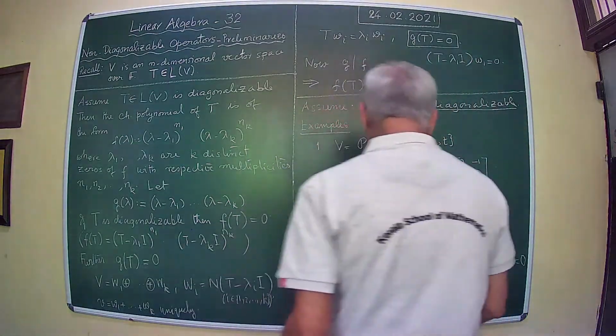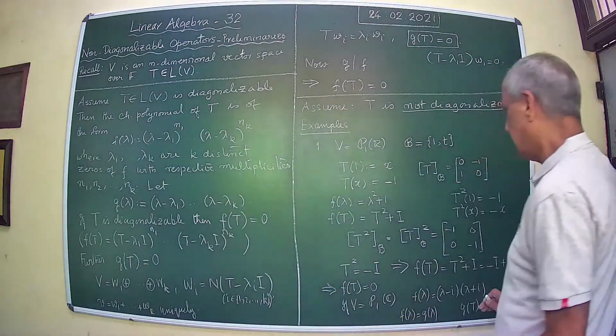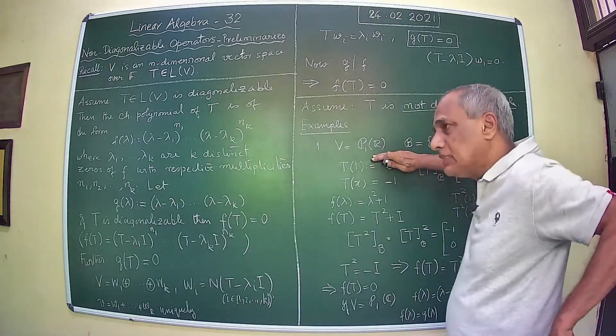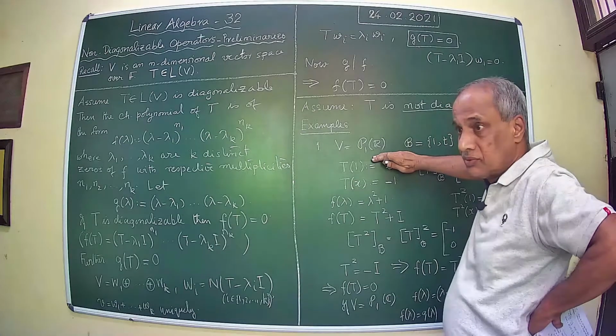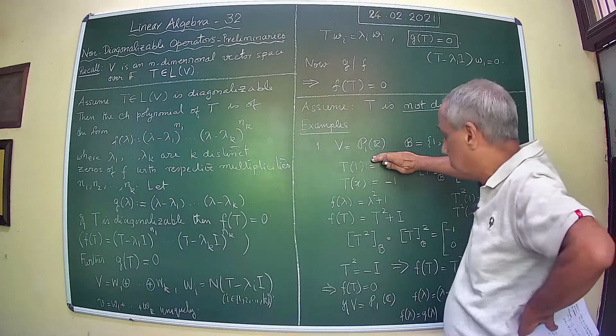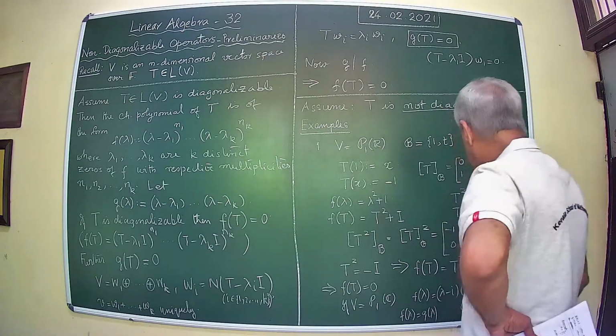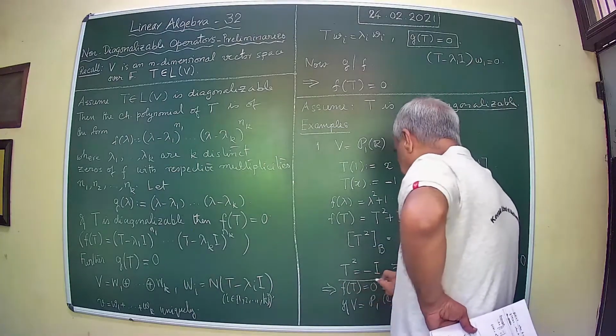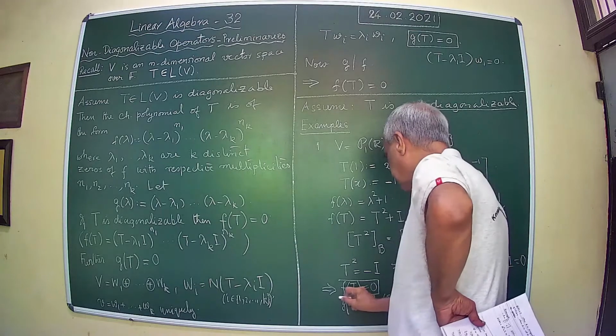Okay, so we make one observation that even if T is not diagonalizable, still f of T equal to 0. Now this is the important conclusion that we made. f of T equal to 0.